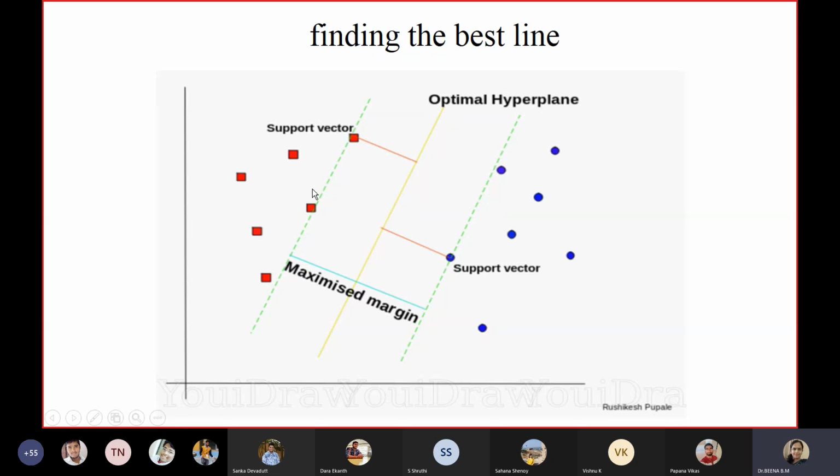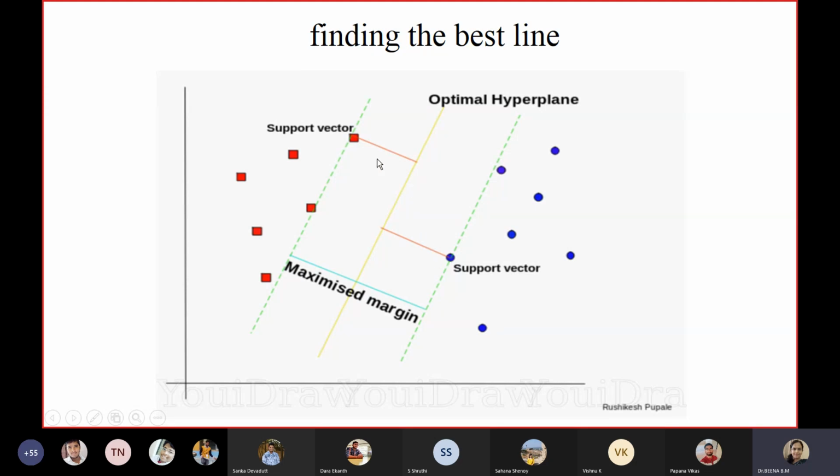Here there are other data points as well. But this should be identified as a support vector. The name support vector means the data point which is closer to the plane. So in order to identify that this point is very near to the plane, the algorithm is going to assign some weightage. It is going to assign some value in order to make it distinguishable.